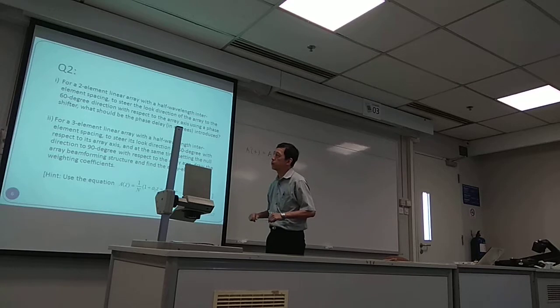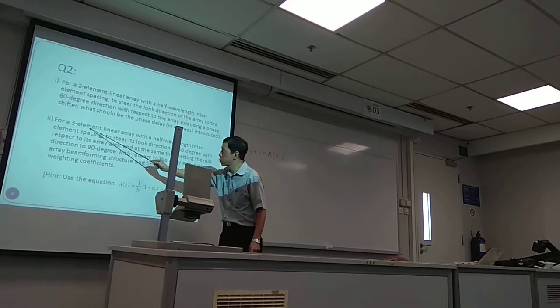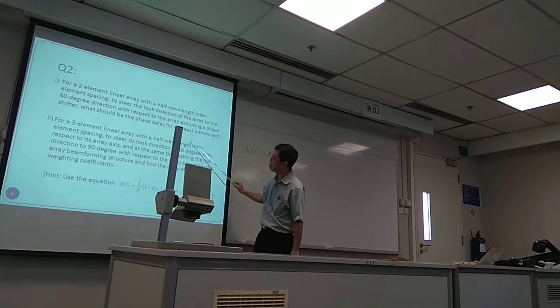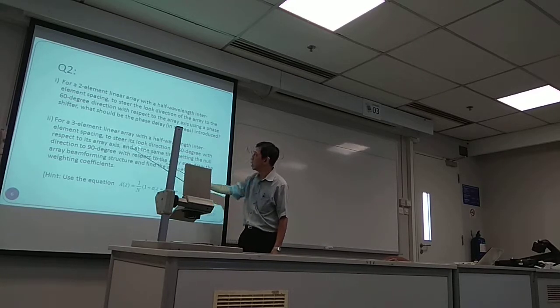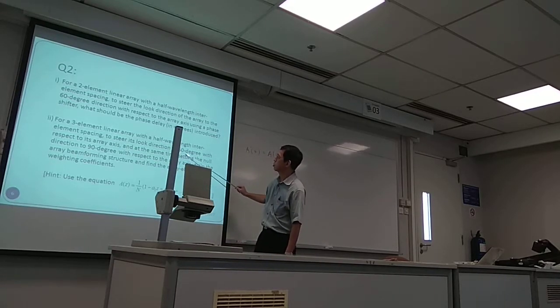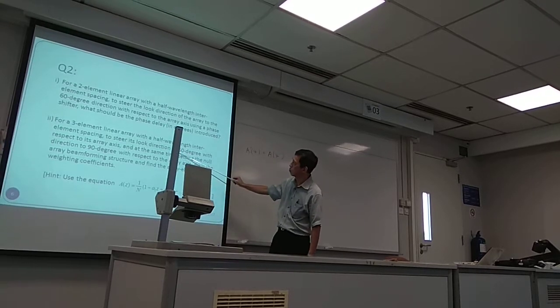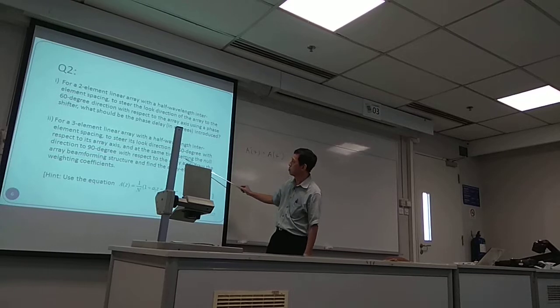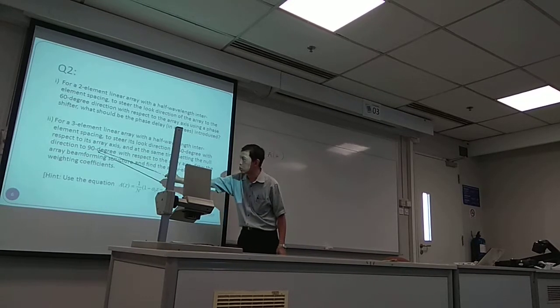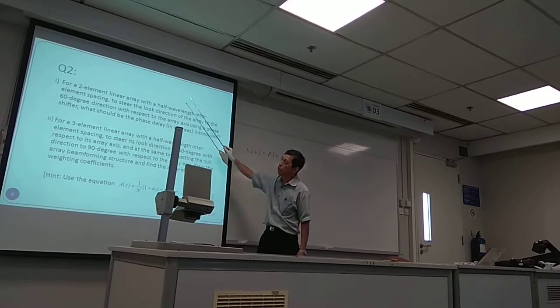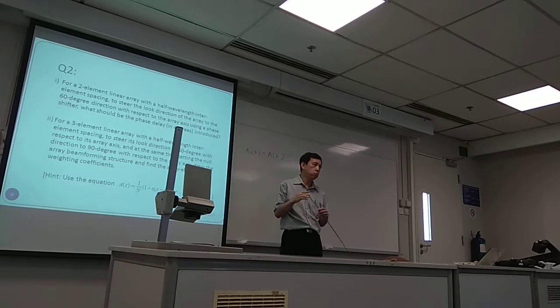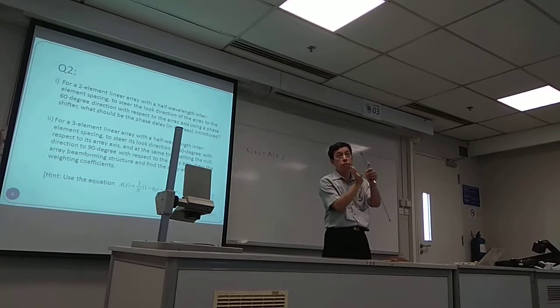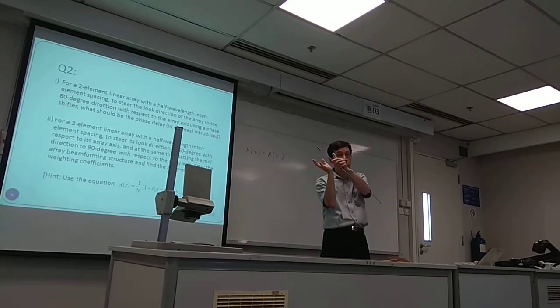Now, part 2, here you are given a 3-element, again a linear array with half wavelength inter-element spacing. The reference is still the array axis, and you're supposed to steer the look direction to 60 degree with respect to array axis, and at the same time set the null direction to 90 degree. For first part, basically you just want the beam to be pointing at 60 degree direction.